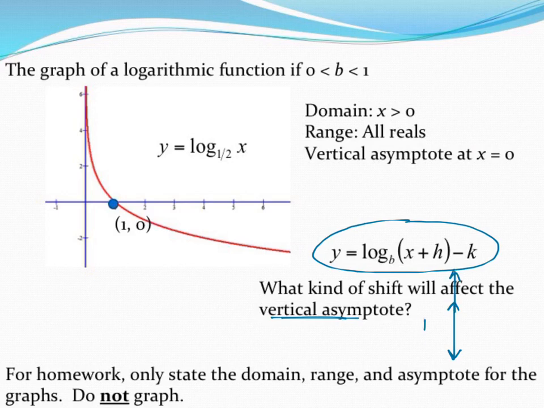However, if I move that side to side, that will change where my vertical line is located. And so the specific kind of shift that I want to see is a horizontal shift. If we have an h value, that's going to change the location of our vertical asymptote. And notice I'm going to recognize it's a horizontal shift because it's in parentheses. If you don't see parentheses, you don't have a horizontal shift, and that vertical asymptote will not have changed.